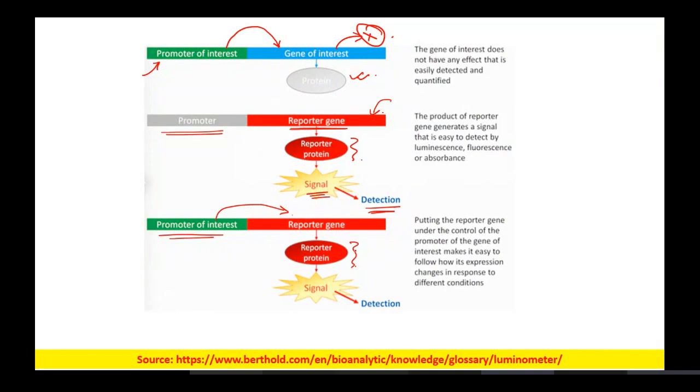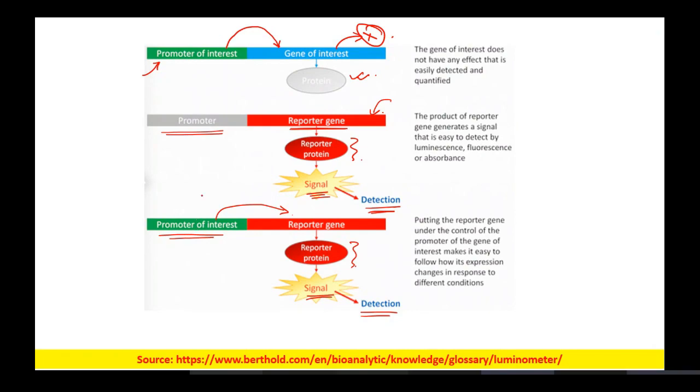If there is a reduction in the bioluminescent signal, that would mean that the activity of the promoter has been reduced.